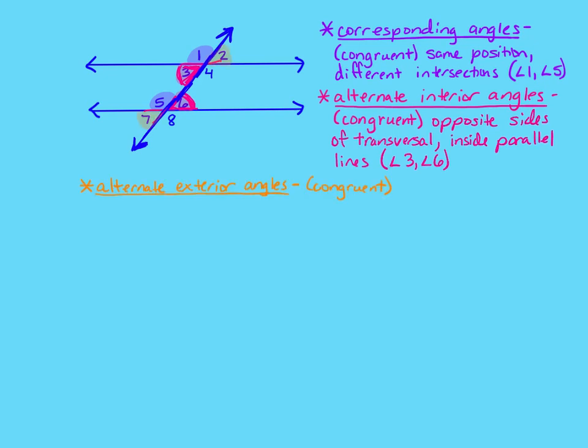Okay, so the last angle relationship we're going to look at here are alternate exterior angles. They are also congruent to each other, and so these highlighted in orange, angles 2 and 7, are called alternate exterior angles. And here's why. They're called alternate once again because they are on opposite sides of the transversal line.